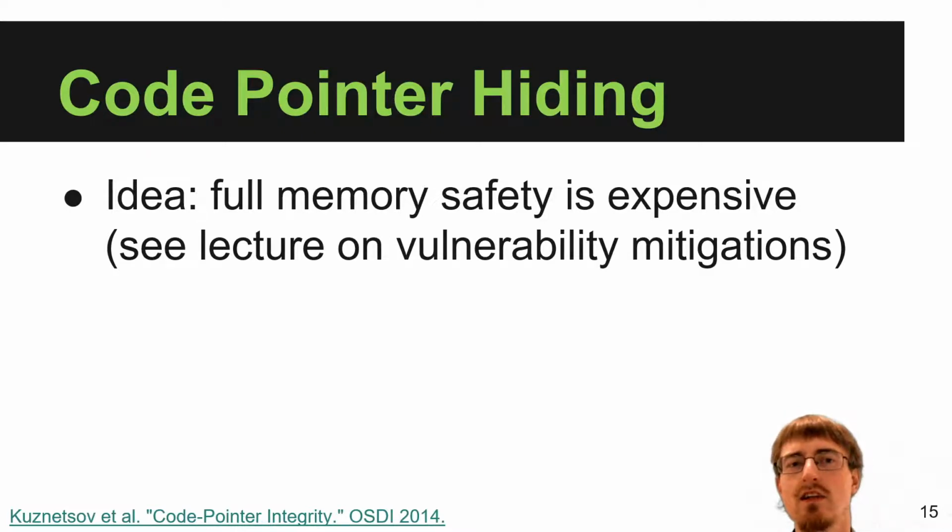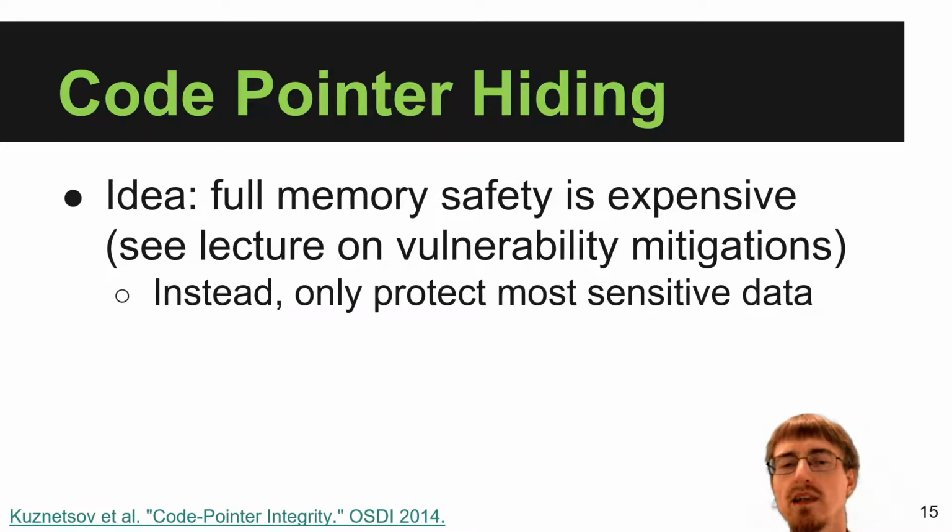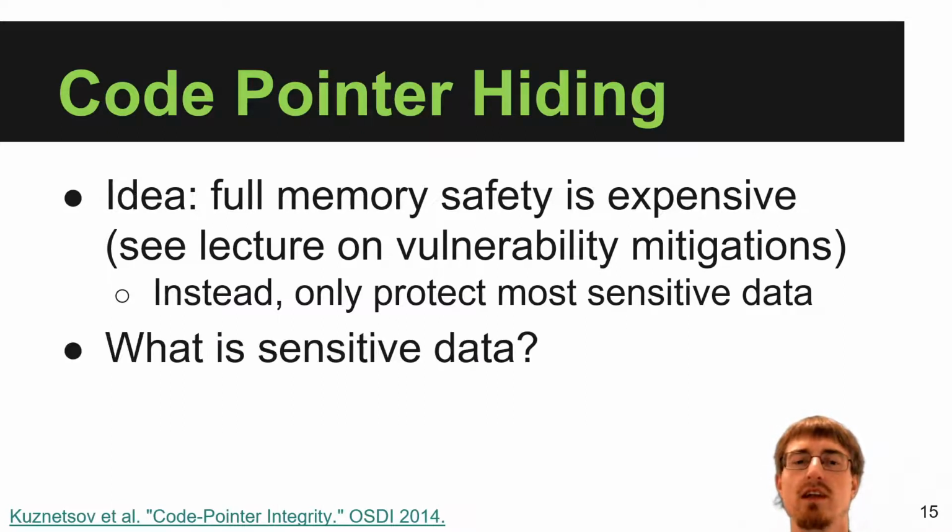Now, the idea of this approach is that full memory safety is expensive. We've seen the lecture on vulnerability mitigations, and it turns out that doing full memory safety really costs a lot of overhead. We cannot realistically do this. Instead, what code pointer integrity proposes to do is only protect the most sensitive data using full memory safety.